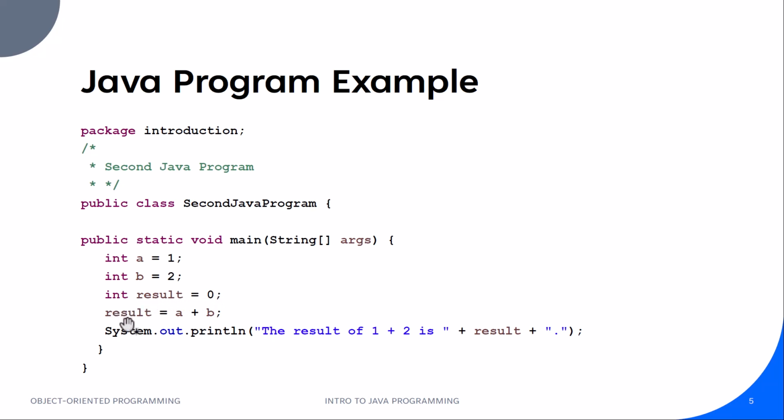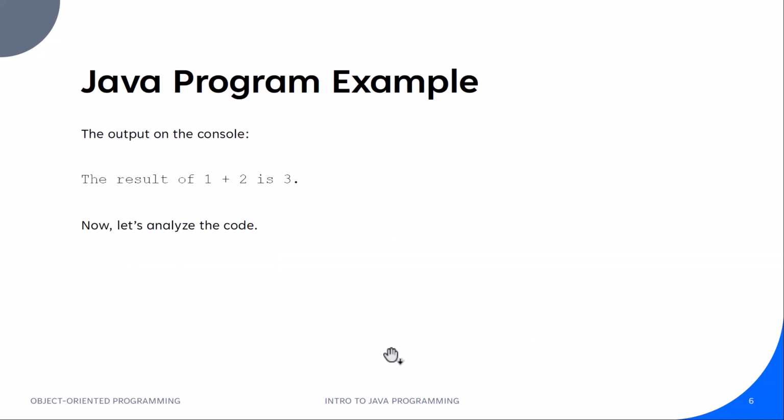And in this application, we are adding a and b and assigning the result to the variable result, and then we are going to output the result onto the screen. The result of 1 plus 2 is, then we are going to show the result, and then we are going to put a dot at the end. And naturally, the output on the console is the result of 1 plus 2 is 3.